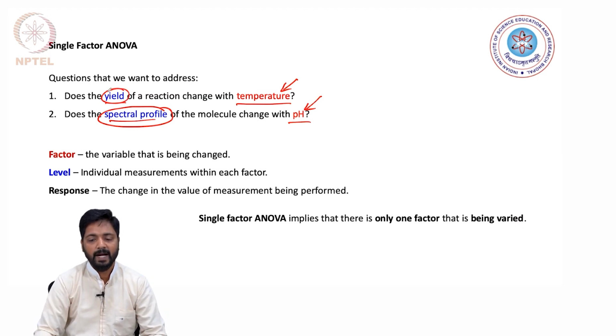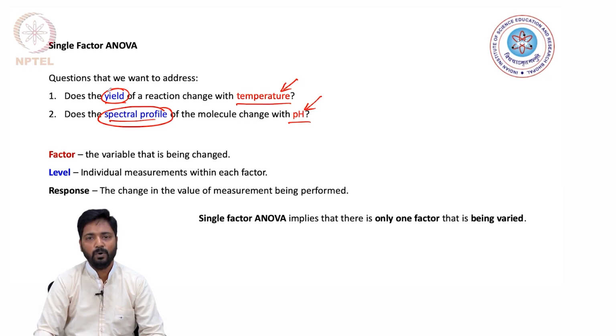That means at a particular temperature we calculate the yield multiple times. Similarly, we change the temperature by a certain unit and again calculate the yields multiple times. So the yields of the reaction in this case is the level that is being changed.